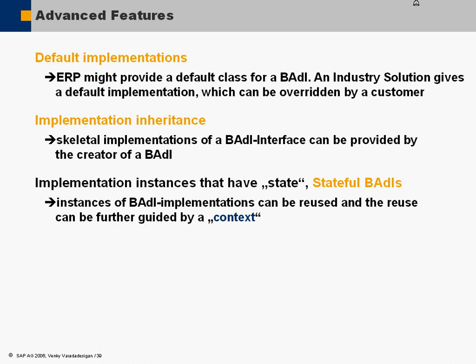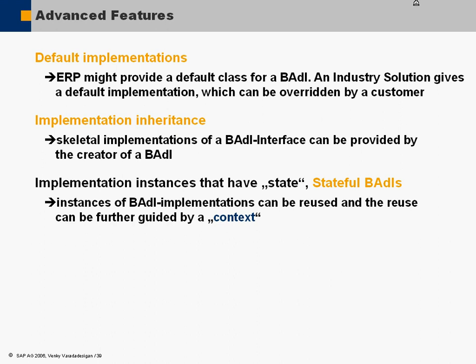And as I mentioned earlier, we have something called stateful bodies. With stateful bodies, you can instantiate the body instance at one point, and then reuse it at a subsequent body call. That is called a stateful body, and that is an attribute when you create the body definition, whether you want it to be stateful or stateless.